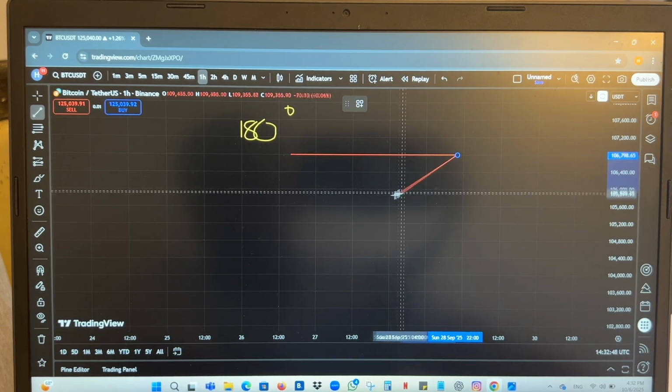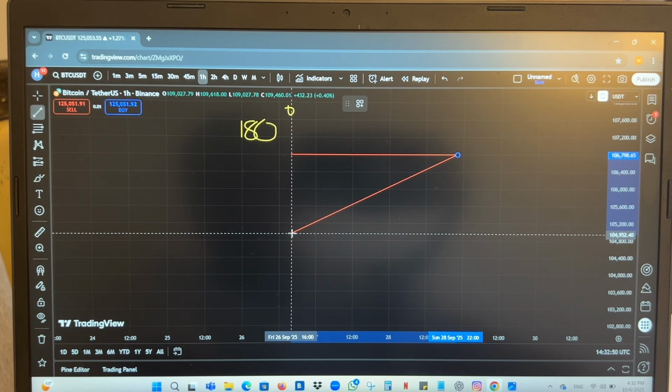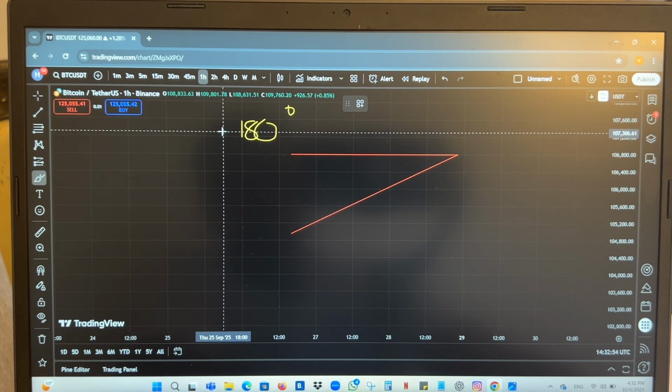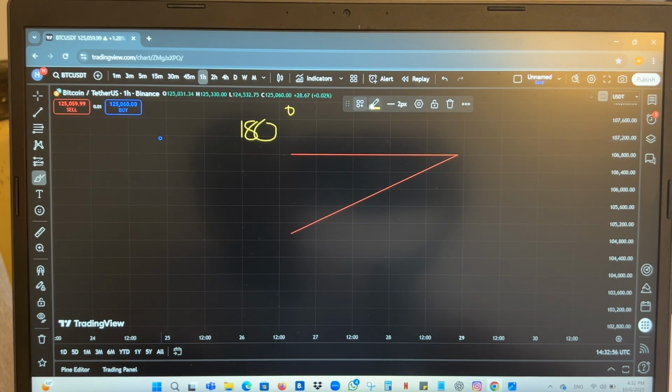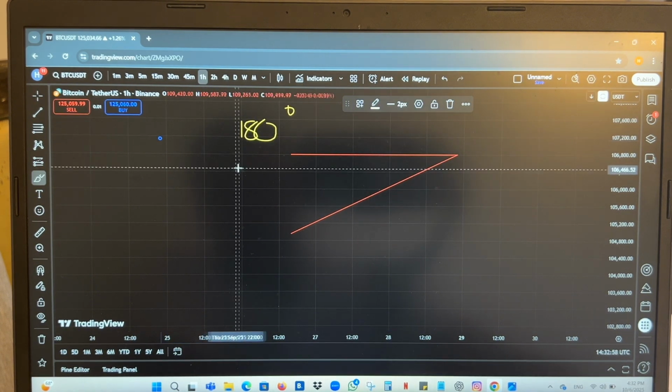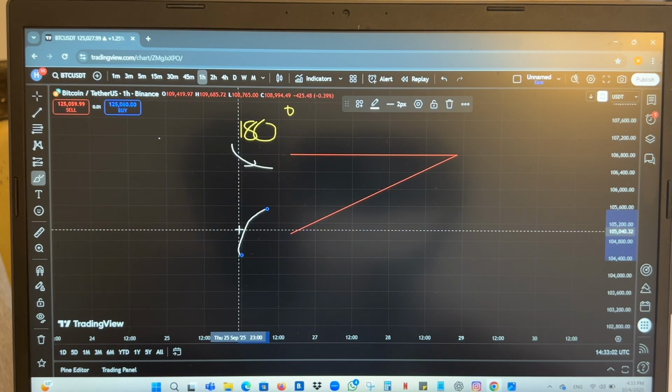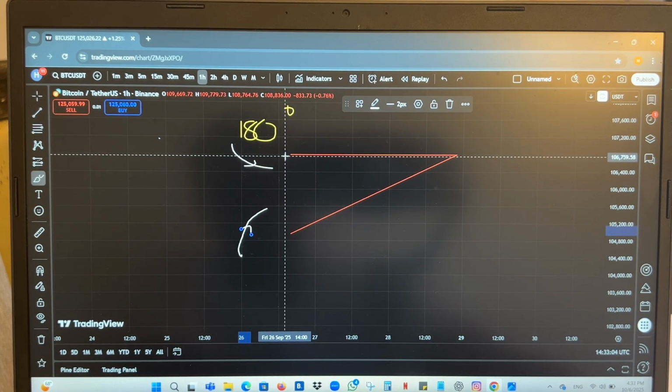So the chart pattern is going to be like this, and then the trend might actually come from here, or else it can actually come from down as well. It doesn't matter.